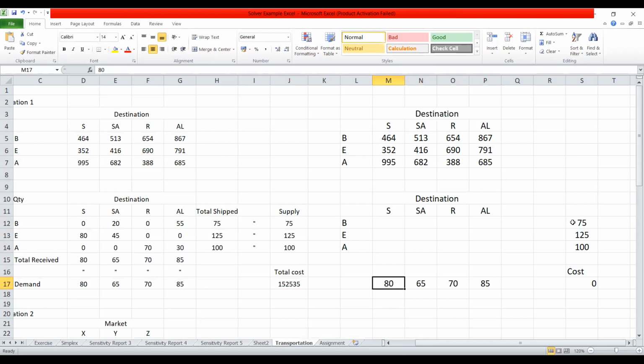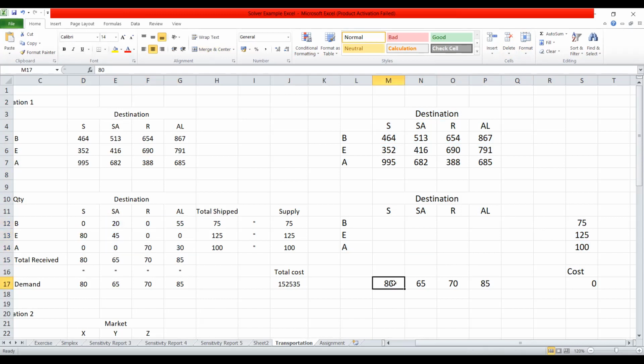Now we need to find out how we are utilizing this 75 supply to fulfill the S demand, SA demand, R demand or AL demand, right? Likewise, we need to find out this area. Now you can see in this example, this area is already calculated. Today we are going to find out how to calculate this, right?